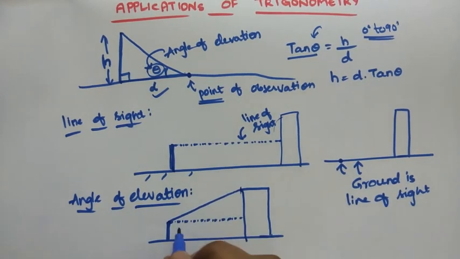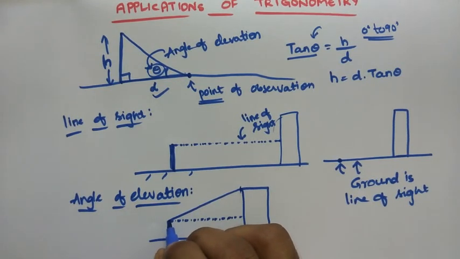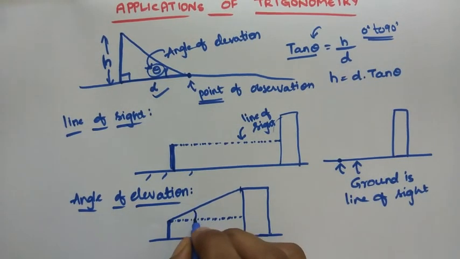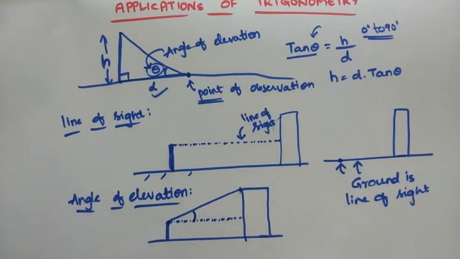Okay, so there are two lines here. One is the line of sight, and the other is the line traced when he is seeing the top of the tower. If you measure this angle, it is known as the angle of elevation.